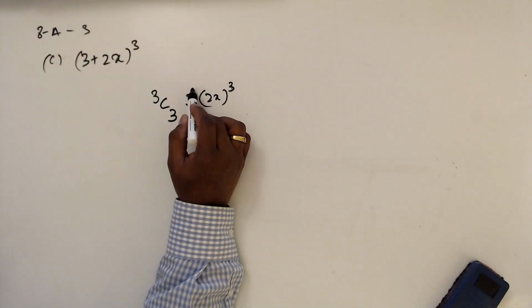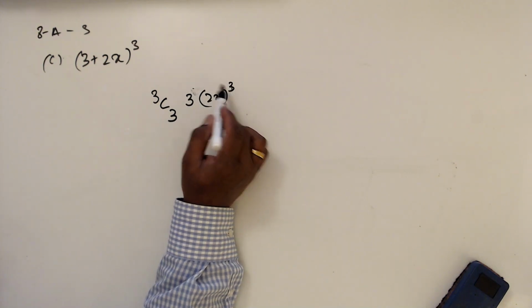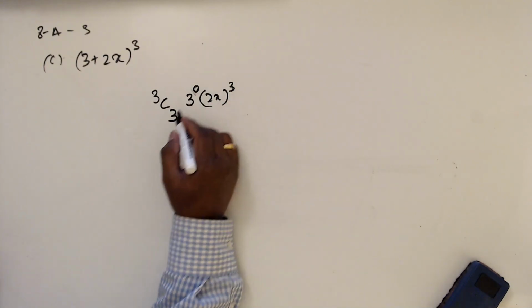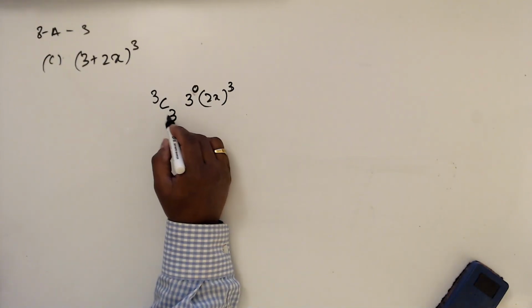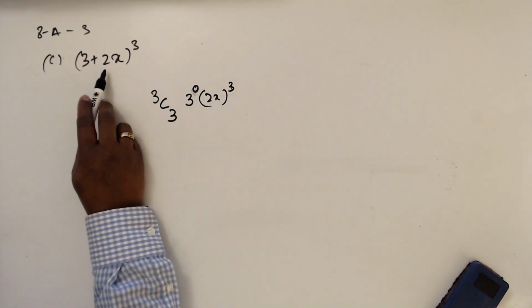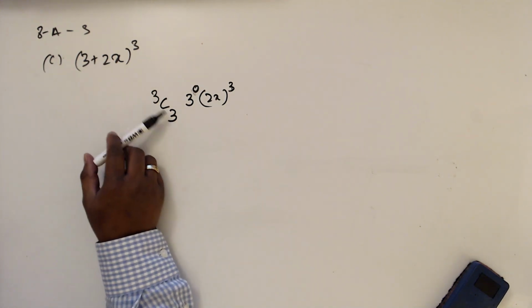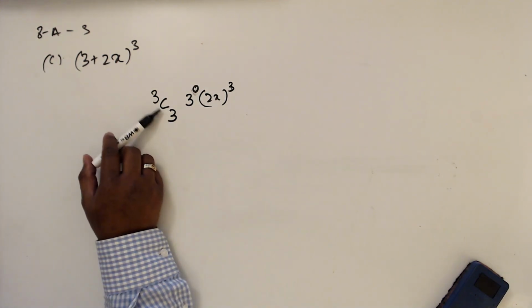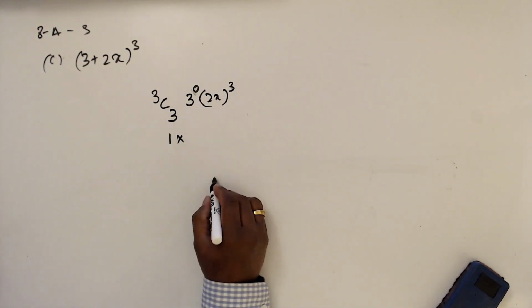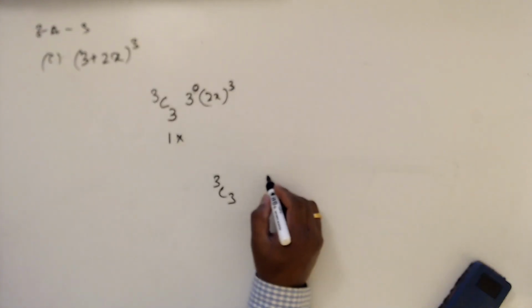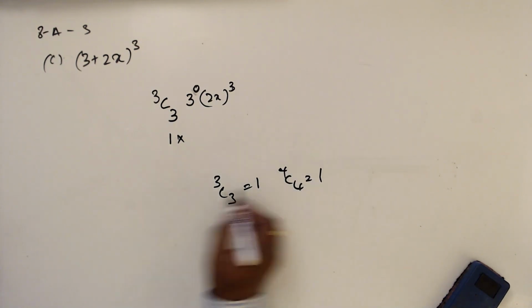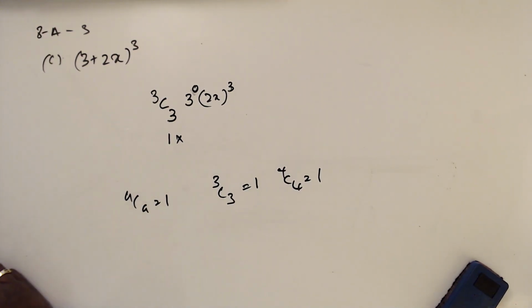When you add those two together, the addition has to be 3. Now 3 is here, so this value has to be 0. Now what is the 3C3 value? It is the last one, so the value of this one is 1. In other words, 3C3 is 1, 4C4 is 1, and so on, it is still 1.